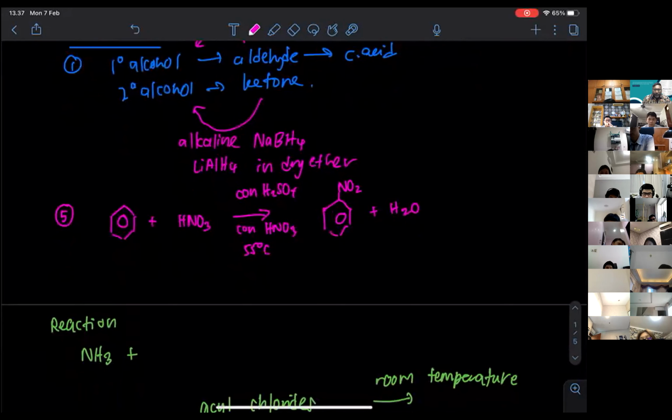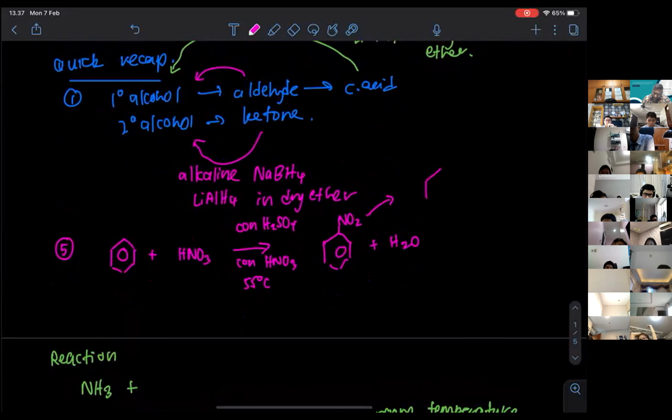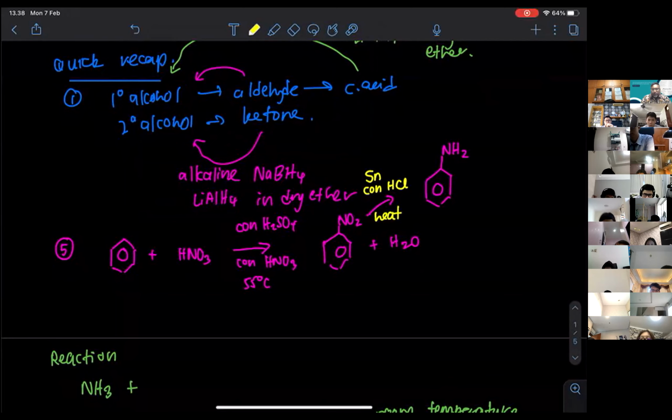Once you get the nitrobenzene, this nitrobenzene can be changed into phenylamine by reducing it as well. You can change it into phenylamine, but the reducing agent is different. Please remember, you use Sn, tin, and then concentrated HCl, and you need to heat, and you are going to get this reaction.